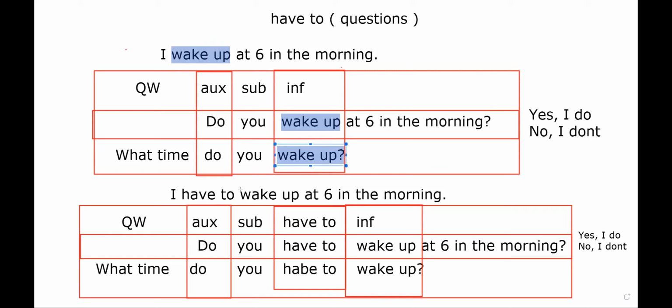Again, here's the verb. So have to, where I put it in the sentence, is before the infinitive, and here before the same, before the infinitive. There's a mistake.